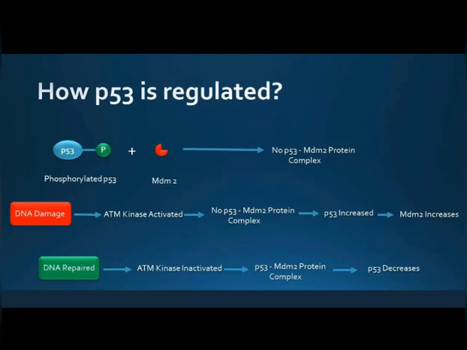So the level of p53 will stay increased. Once the DNA is repaired, ATM kinase is inactivated, and this will dephosphorylate p53. Once p53 is dephosphorylated, the MDM2 complex will form with p53, and as a result ubiquitin acts on the p53 MDM2 complex, and the level of p53 decreases.